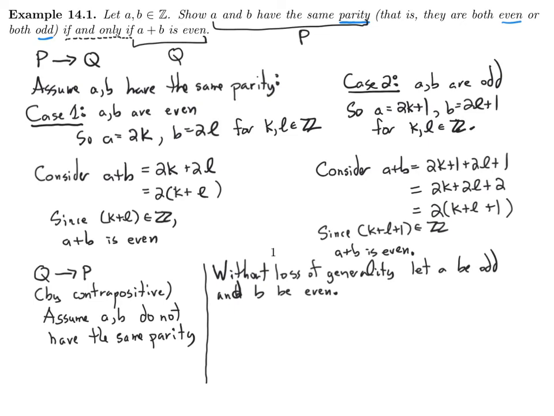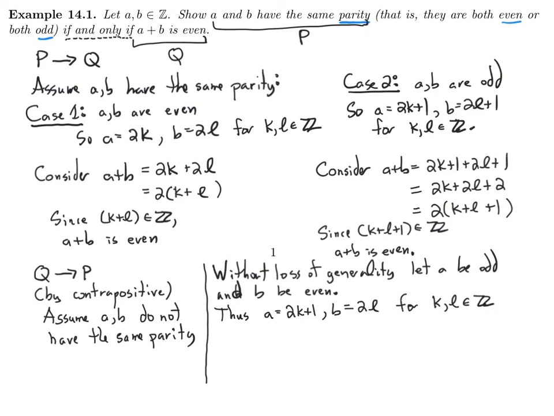Okay, so what does that mean? Well, thus A is odd, so that's 2k plus 1, and B is 2 times L, since it's even, for some integers k and L.